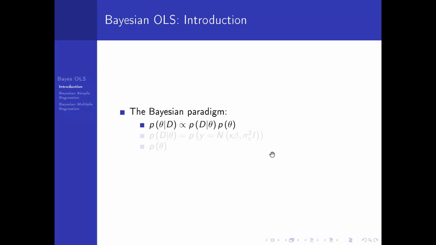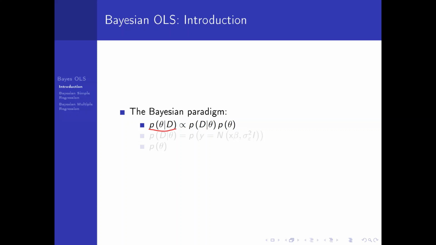So our goal in Bayesian estimation is to derive the posterior distribution of the parameters, P of theta given D, where D is the data and theta is the parameter of our interest.